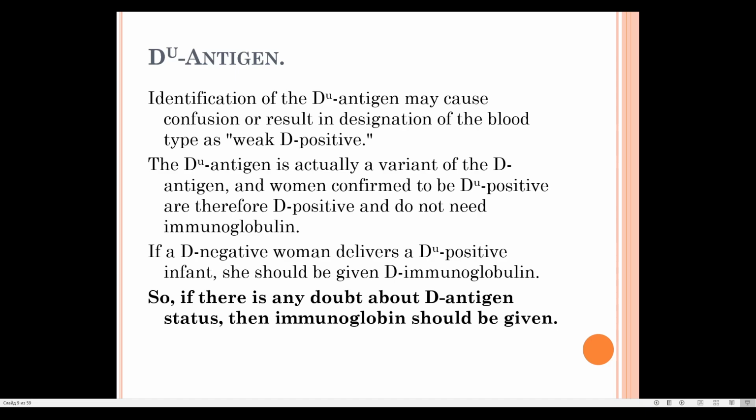If a D negative woman delivers a D-indexed U positive infant, she should be given D immunoglobulin. So if there is any doubt about D antigen status, then immunoglobulin should be given.